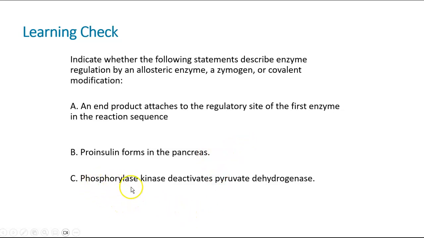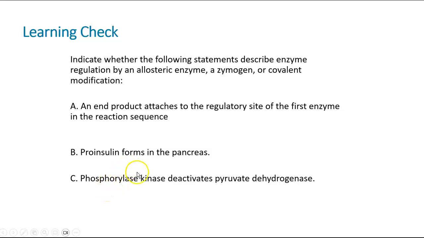And phosphorylase kinase deactivates pyruvate dehydrogenase. So the phosphorylase kinase, by the name itself, we can realize this enzyme already has a phosphate group.